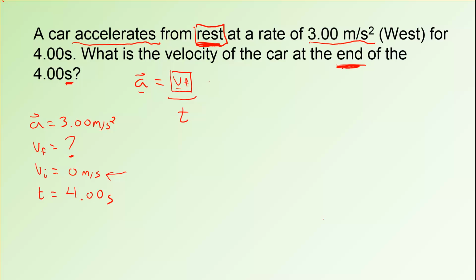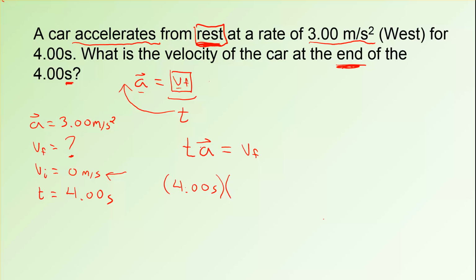Now, if we remember our little rule, if it's on the bottom of this side of the equation, we can just move it up to the top of that side of the equation. So now we're left with t times acceleration is equal to final velocity. If I fill those in, my time is equal to 4.00 seconds.